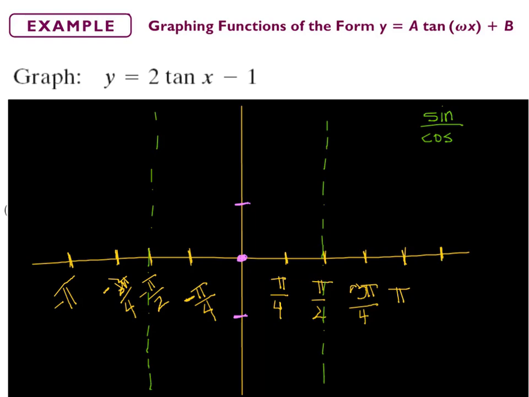So at pi over 4, it's 1. And at minus pi over 4, it's minus 1, right? And again, here's my base graph. All right, so now this is 1 and this is 1.